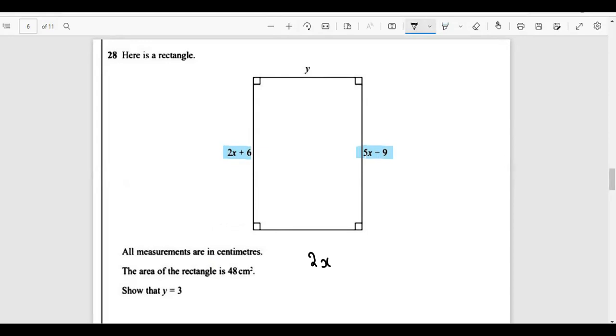But why did you use 3? Because it's y. No. You need to show that y is 3. You will not use y equals 3. You will just show that y is 3. Oh, okay. So 48 equals y times 5x minus 9. Then this would be an equation with 2 variables. For finding out 2 variables, you need at least 2 equations.